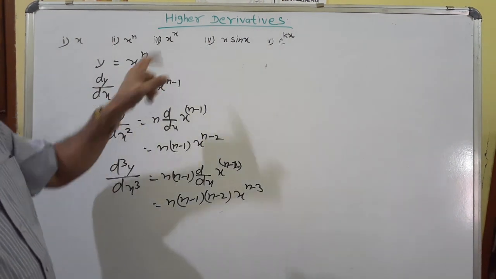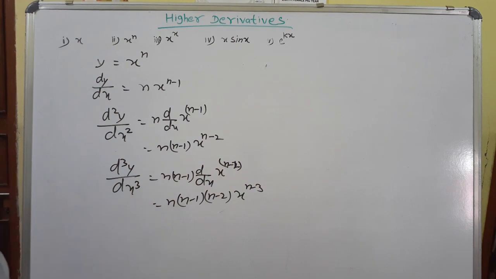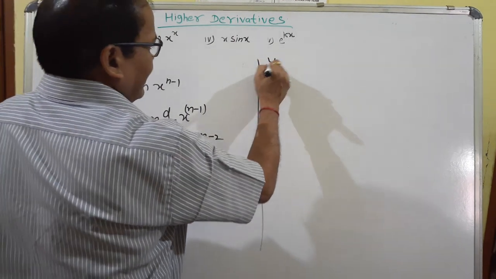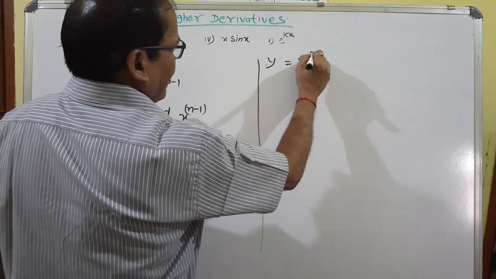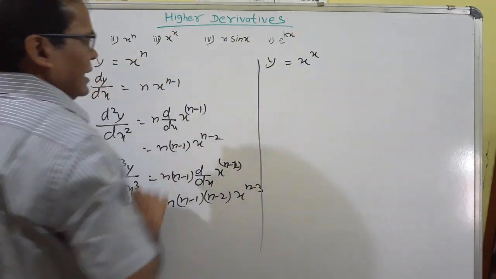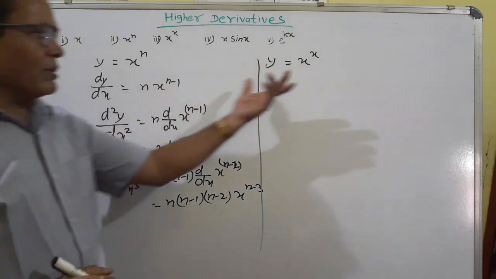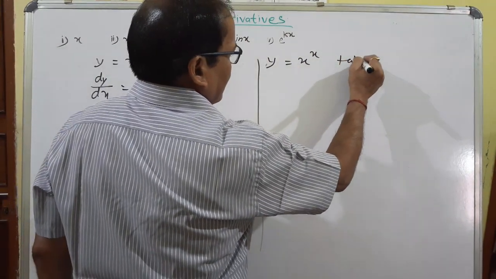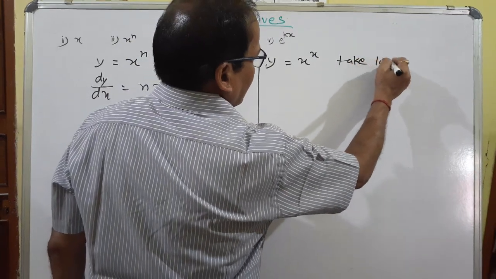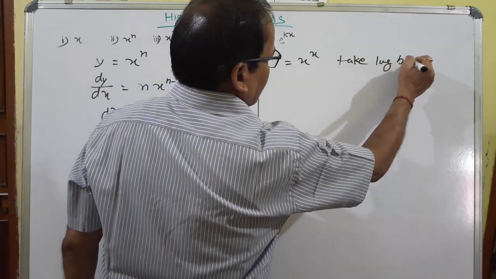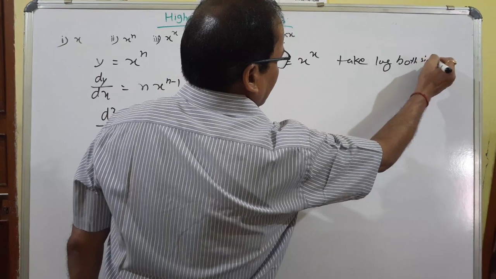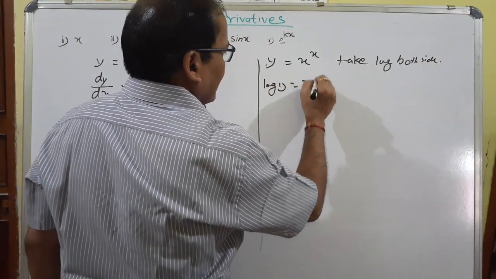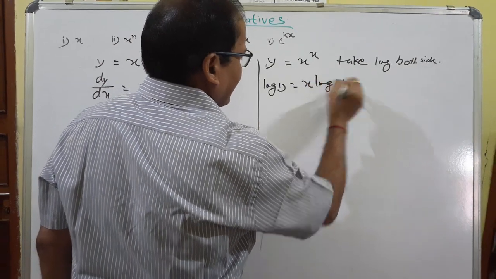Then we will discuss the third one, x to the power x. If y is equal to x to the power x, we cannot directly differentiate, so we take log on both sides. What you get: log y is equal to x log x.